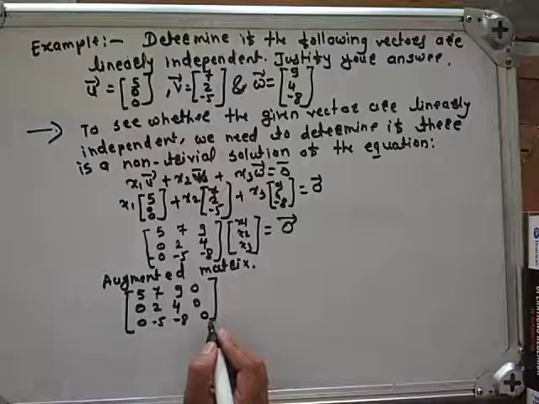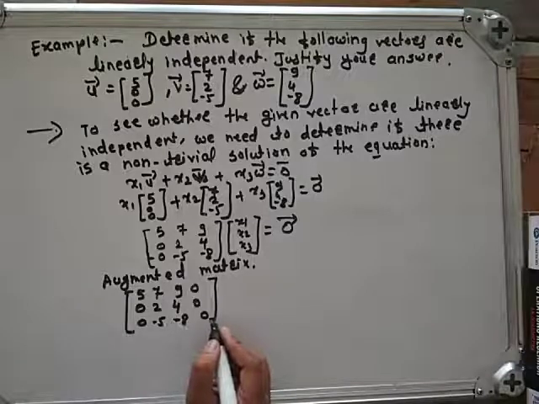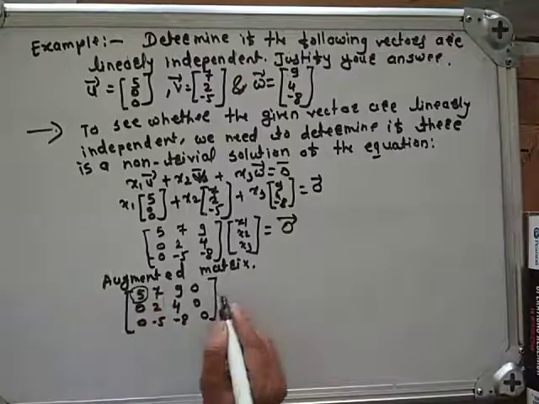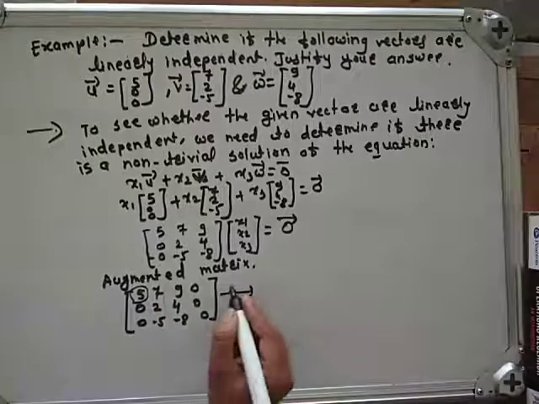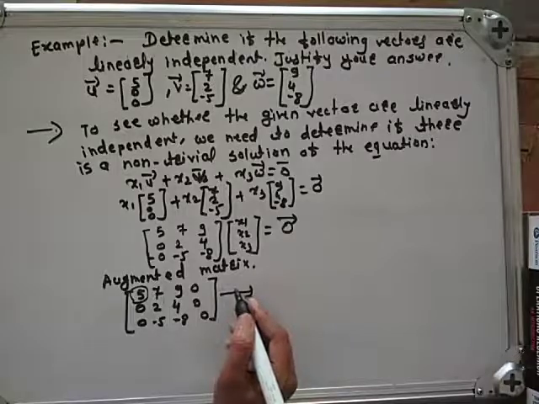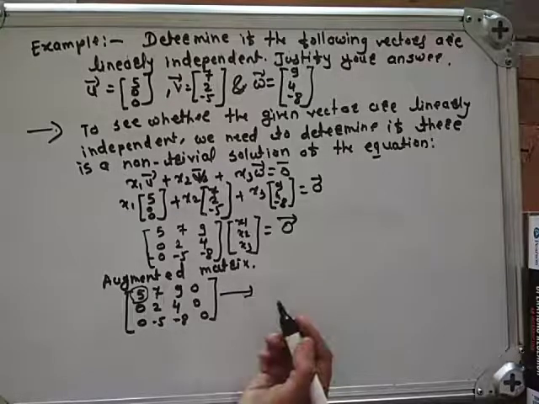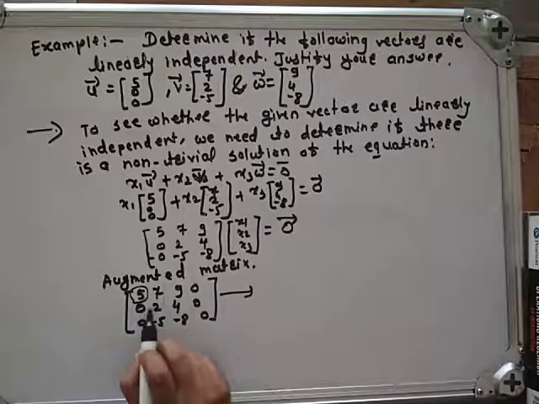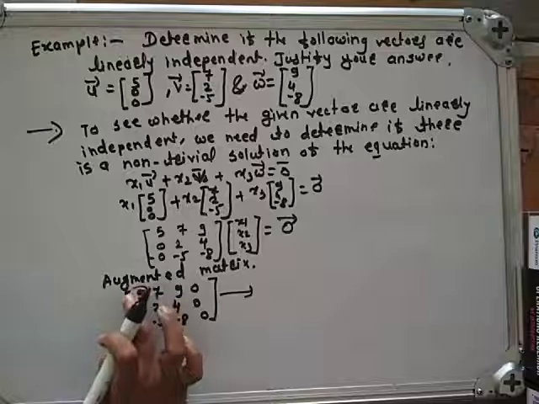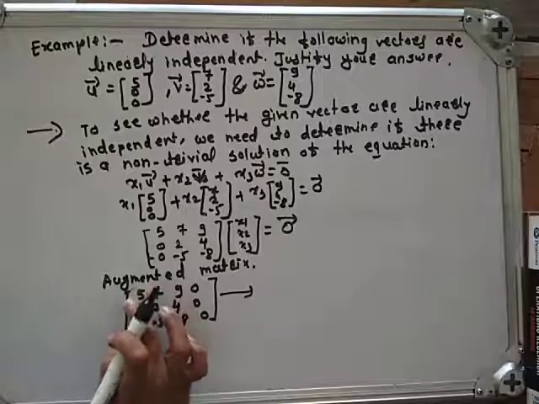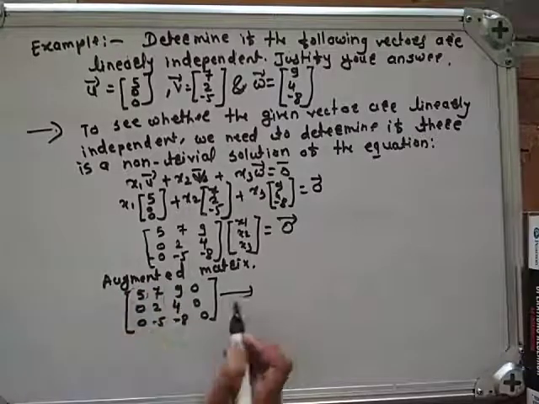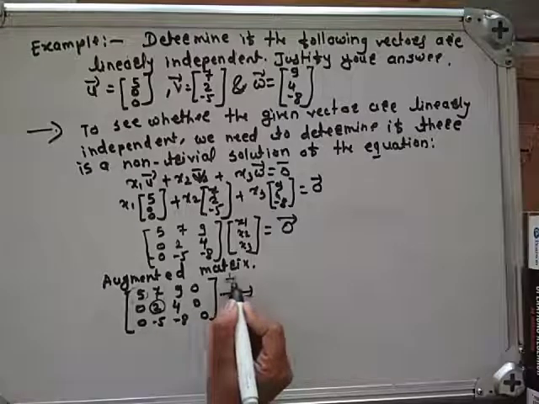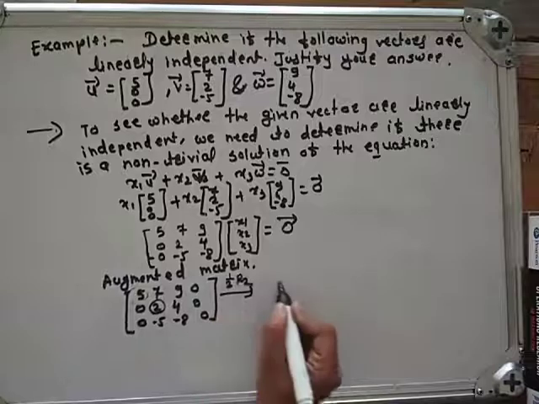Okay. Here we require 1 in the second row, so apply a row operation: 1 upon 2 into R2.